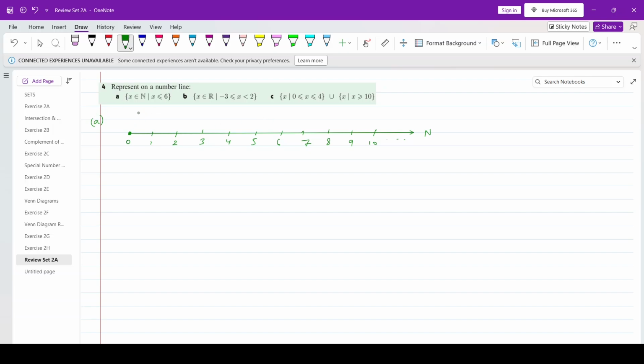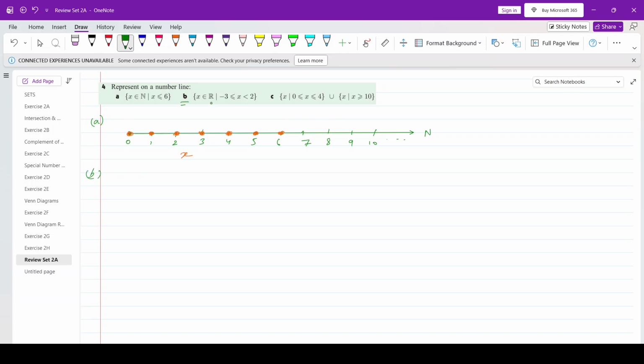And we know x is less than or equal to 6. So X is going to be this. This is X.